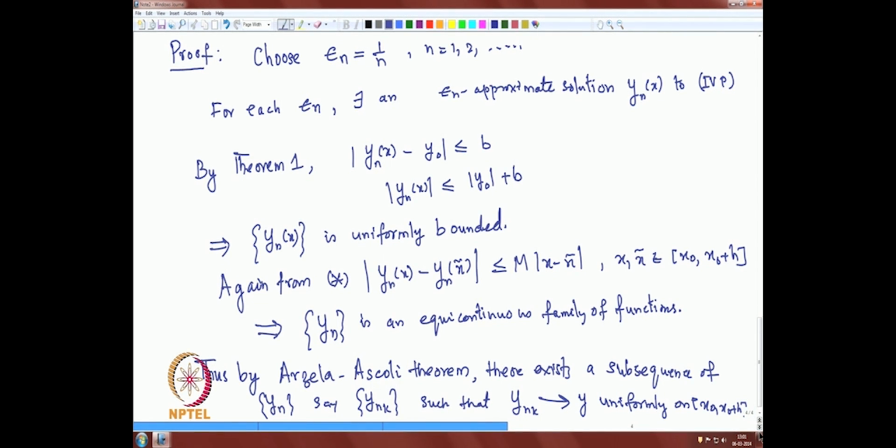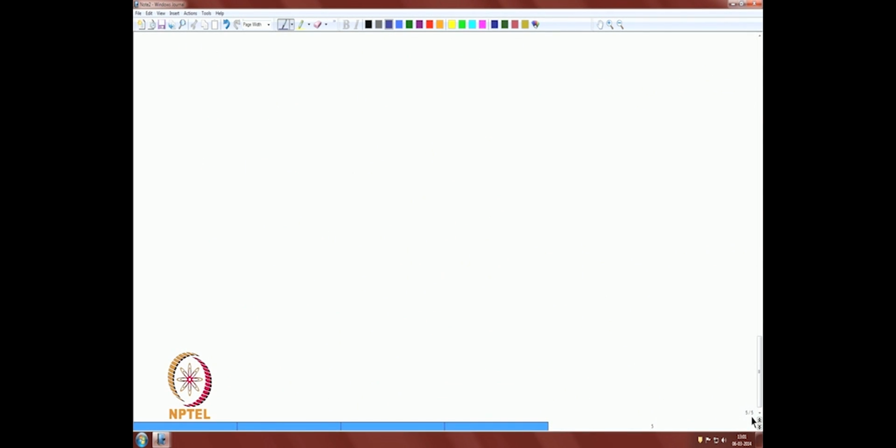So, invoking the Arzelà-Ascoli theorem, we get a subsequence of the constructed sequence yn that converges uniformly to some function y in the interval x0 plus h.